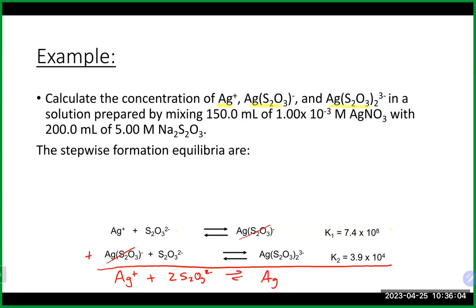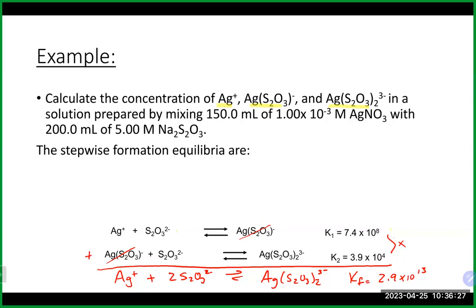We'll form this complex ion of AgS2O3 2 3 minus. We could even get the Kf value for this by multiplying these two together. And if we got that, you could use it. You might not even need to use it. We'll talk about that in just a second. It would be something like 2.9 times 10 to the 13.